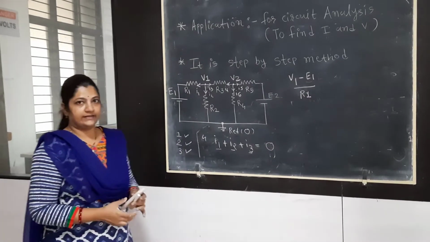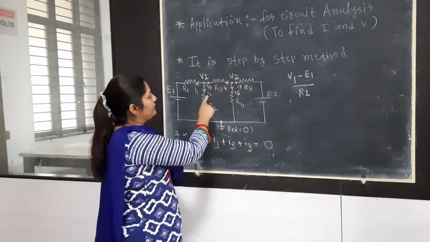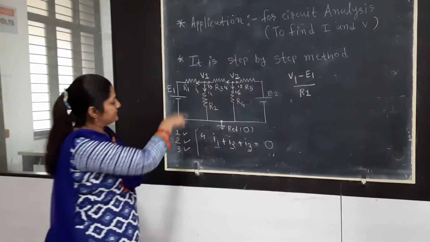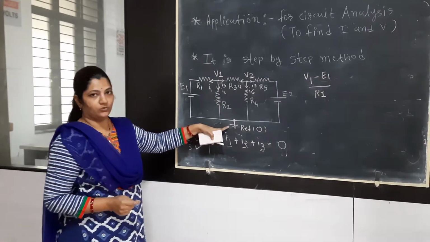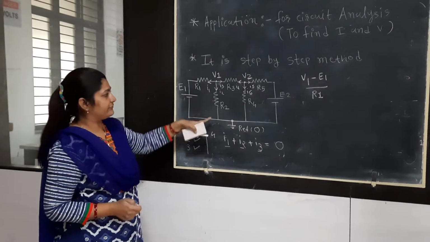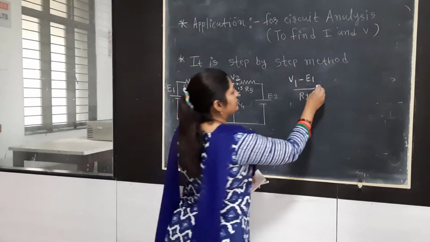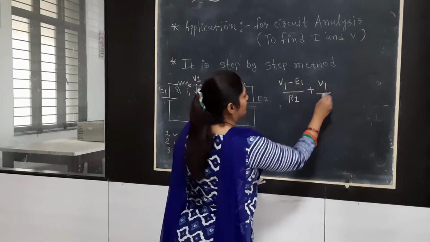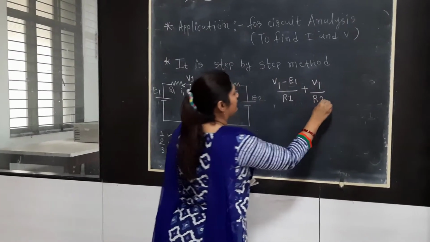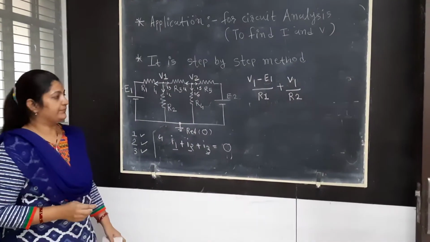Very easy to understand. Same thing for I2. As far as the direction is concerned, it is moving from V1 to 0, the reference node. No need to write 0. Resistance of the branch is R2.